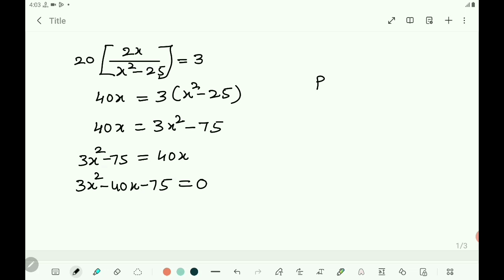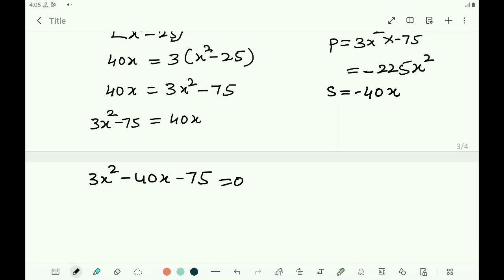Now product equals 3x square into minus 75, which is 225 x square, and here negative sign is there, so the product becomes negative. And the sum is the middle term, minus 40x.